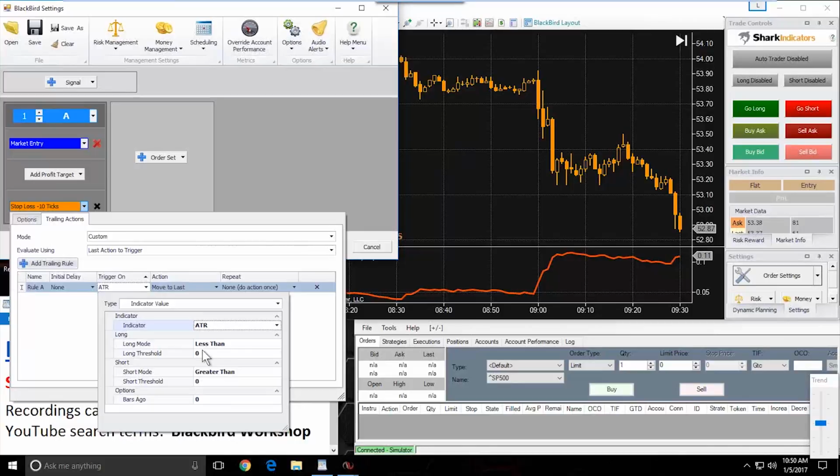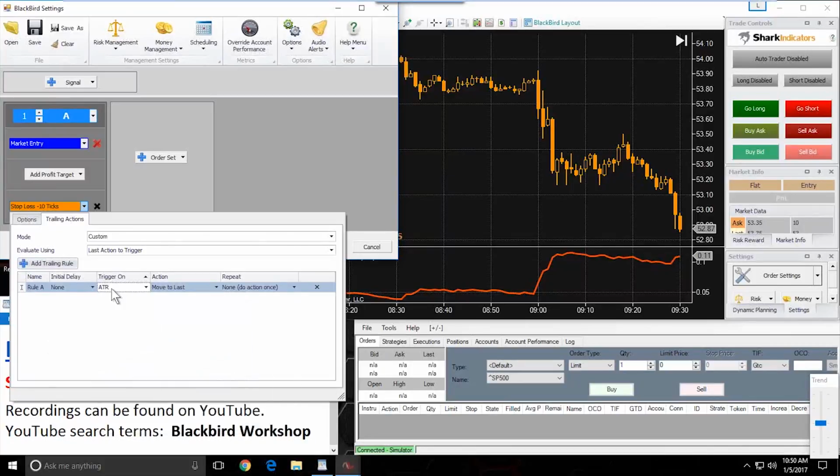With an ATR, let's say if the ATR gets greater than or equal to 0.11, that could be our triggering event.